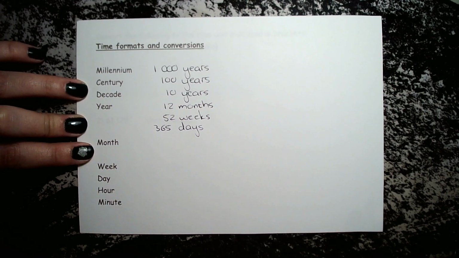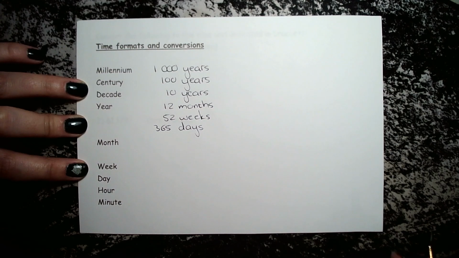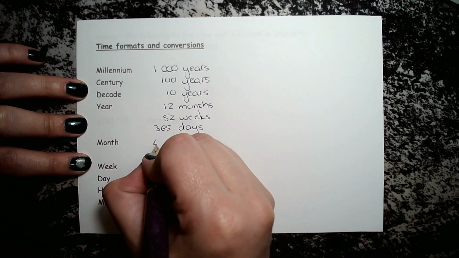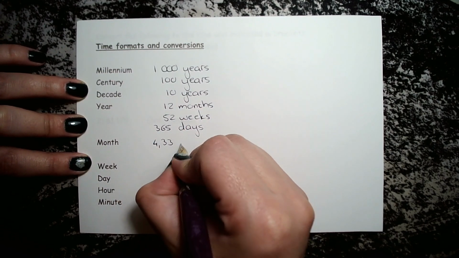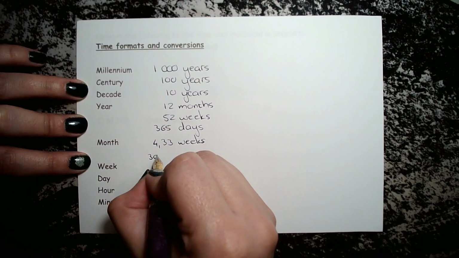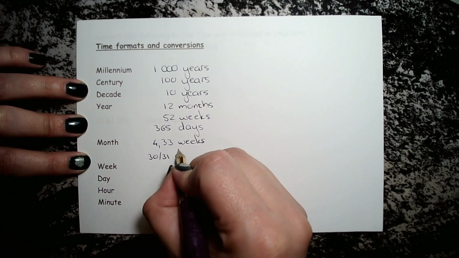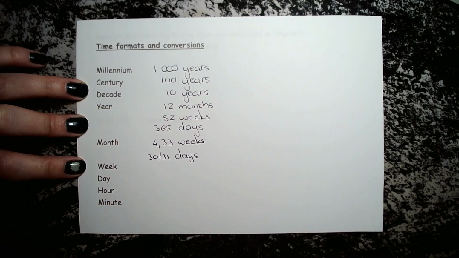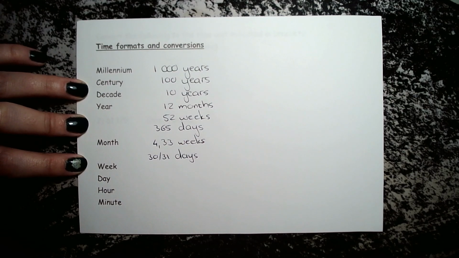A month can be expressed as roughly 4,33 weeks, or 30 or 31 days. This is all except for February, which has only 28 days, 29 in a leap year.